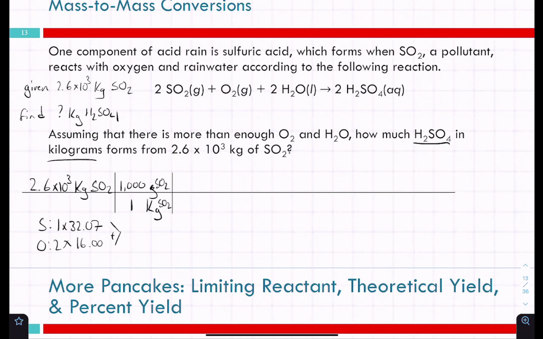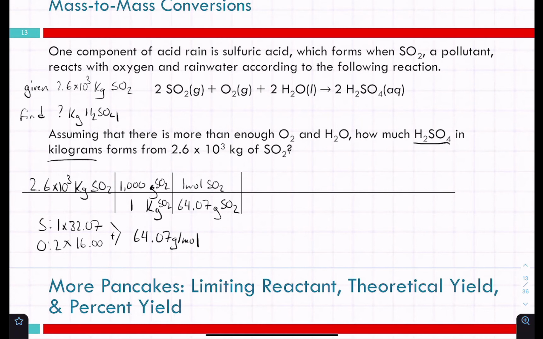So 32.07 plus 2 times 16 is going to be 64.07 grams per mole. We'll put that 64.07 on the bottom and 1 mole SO2 on top.